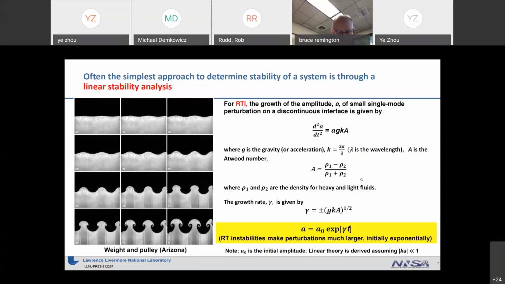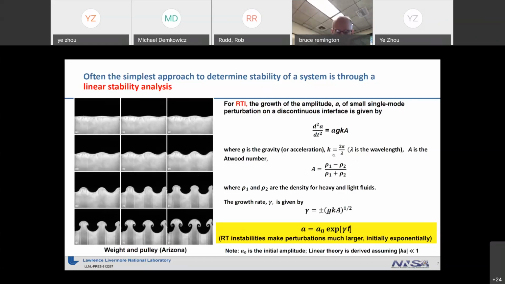When you have this equation, it's very easy to see the growth rate. Basically the solution of this equation is given by the square root of G times K times A. Again, that's gravity, the inverse of the wavelength, and the Atwood number, that's the density difference.